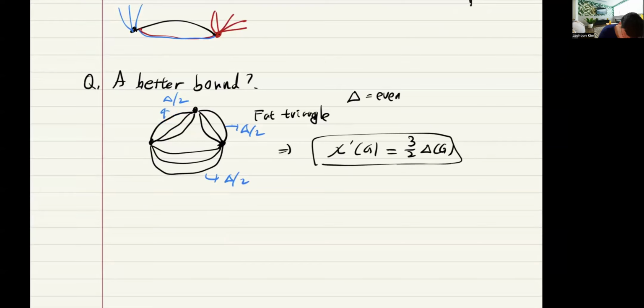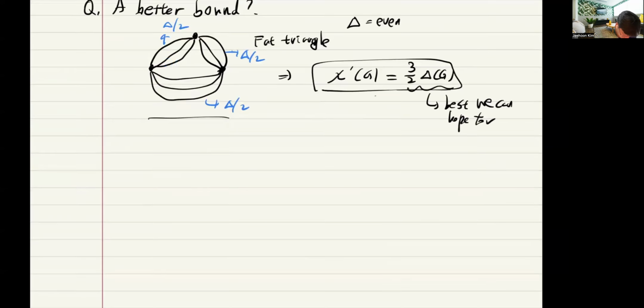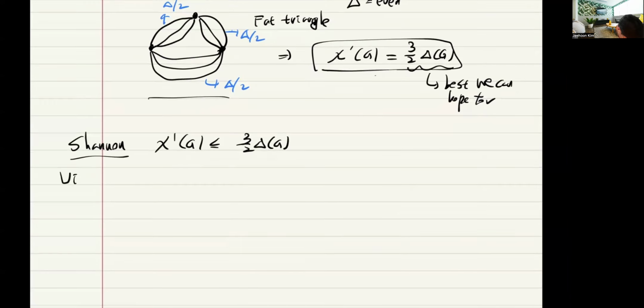So this is the best upper bound we can hope for, because of this example. Indeed, Shannon proved that this is true. And Vizing and Gupta proved this.